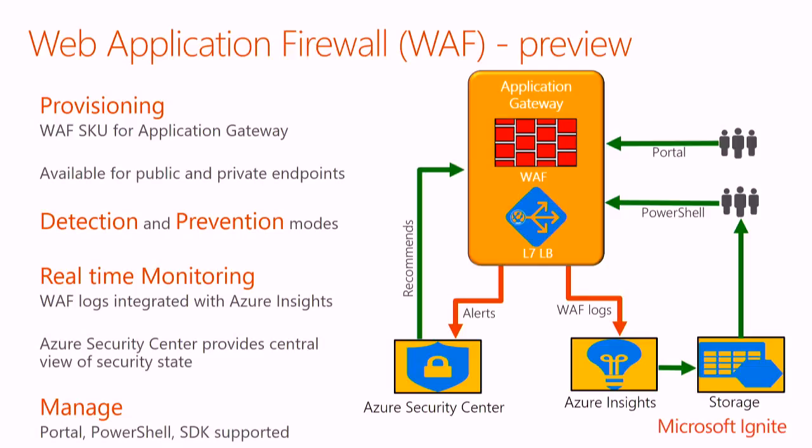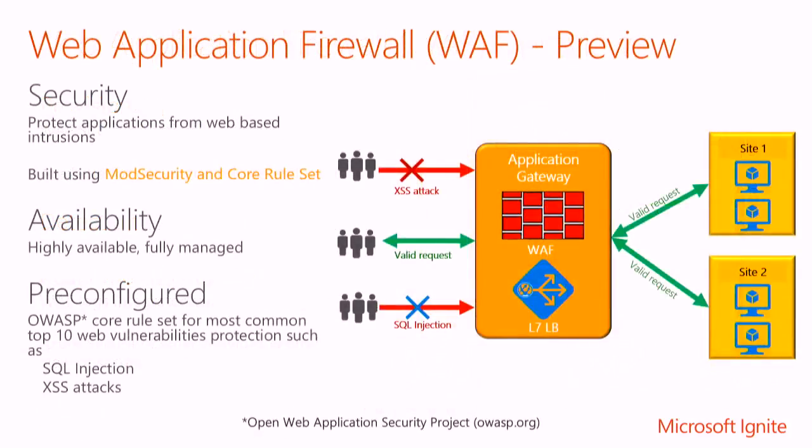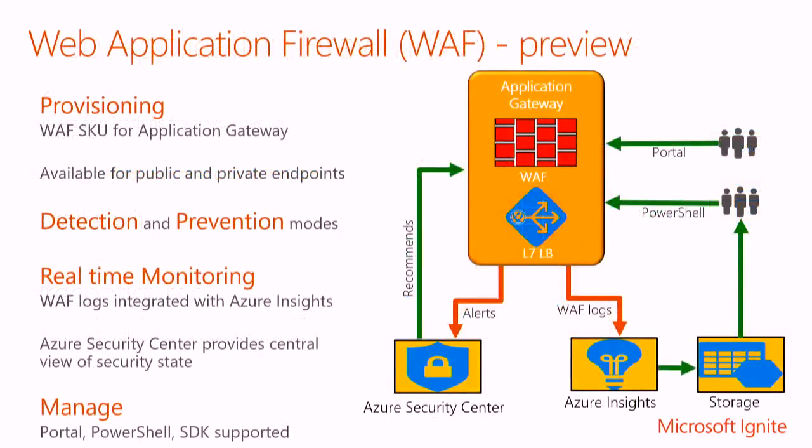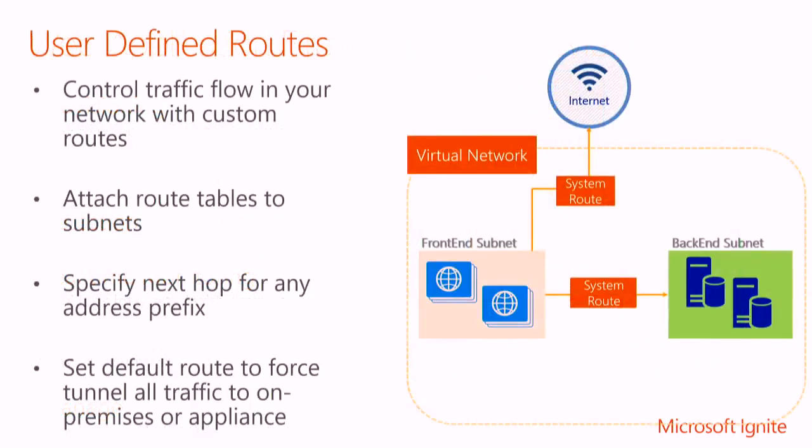People want to have a record of who came in at what time, so for any offline inspection, they can also store those logs into the customer's storage account for offline analysis. So application gateway, web application firewall, this gives you even more security.